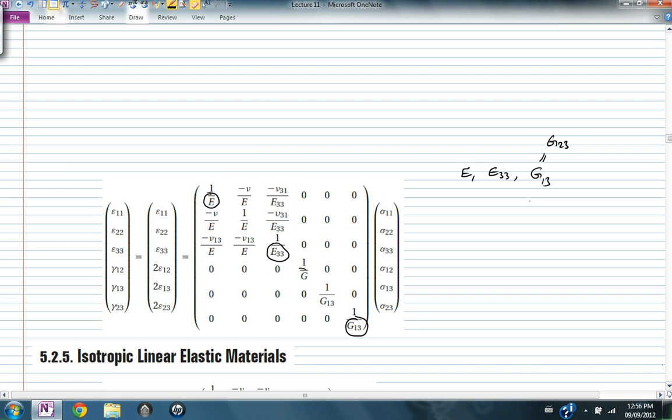We also need the Poisson's ratio in the plane of isotropy, and the Poisson's ratio that relates the plane of isotropy with the other plane. So now we have 1, 2, 3, 4, 5.